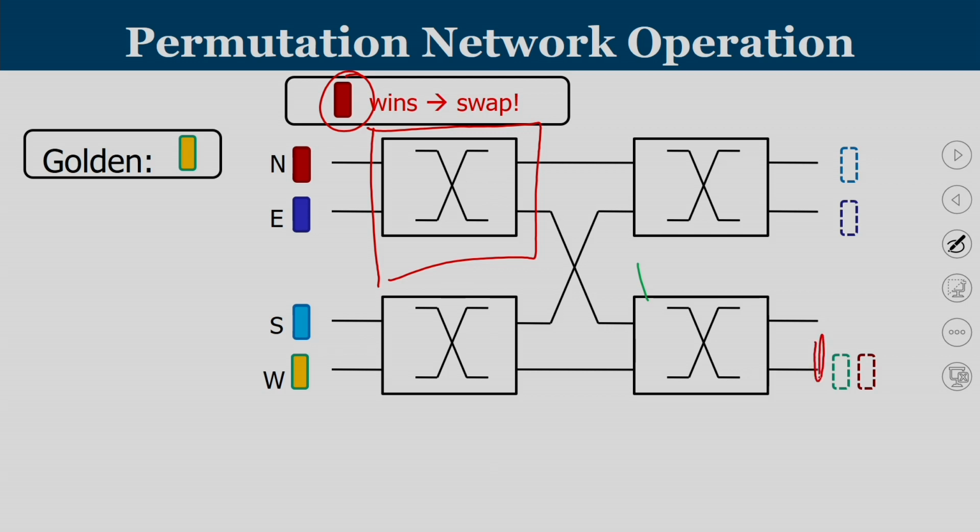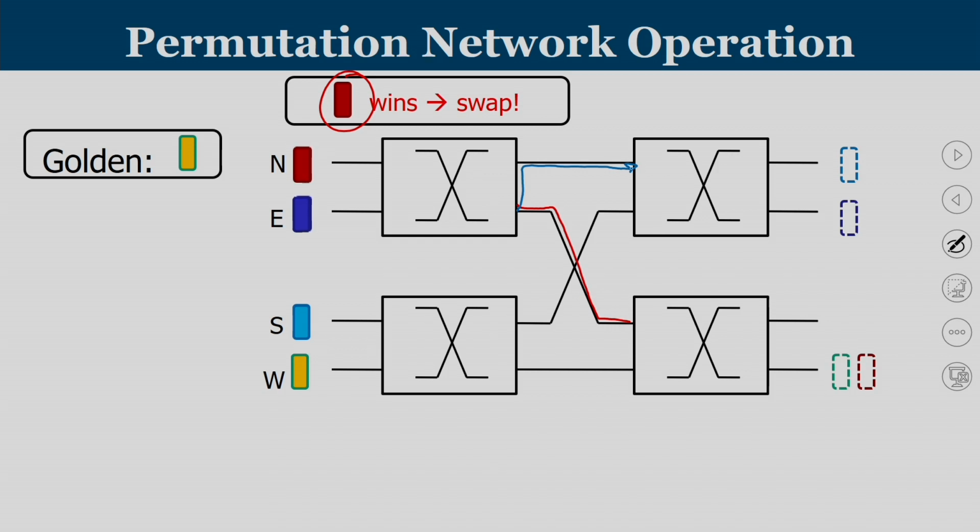Red actually wants this as the output. In order to reach that, the flit has to reach this permuter block, so eventually red has to come down. Once red is coming down, the other flit, the blue flit, doesn't have any other choice, because red is going to take the path. This path is going to be used by red. So, blue has no other choice. Blue has to move through this path.